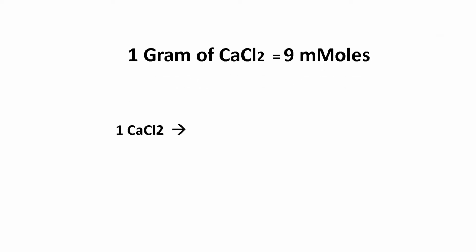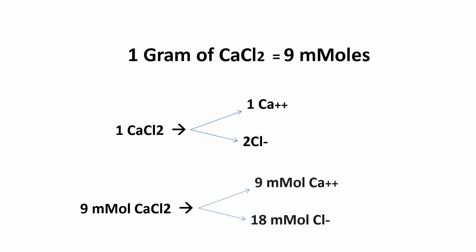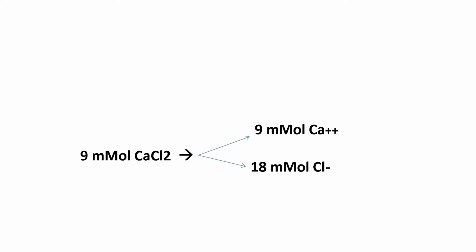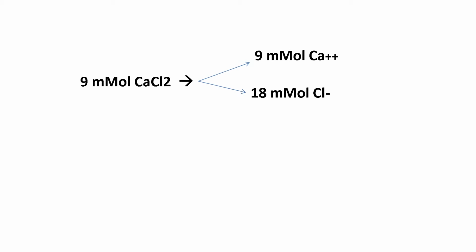We can see that 1 calcium chloride dissociates into 1 calcium and 2 chloride ions. 9 millimoles of calcium chloride will dissociate into 9 millimoles of calcium ions and 18 millimoles of chloride ions. We know milli-equivalent is equal to millimoles multiplied by the valence.